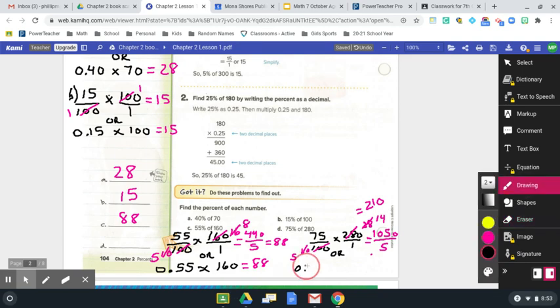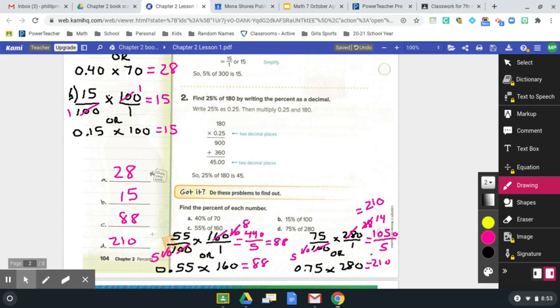Let's try that again, times 280. All right, so this one, like I said, you could use your calculator, you can multiply it right out. And you should also see here that you get an answer of 210. So 75%, 3/4 of 280, of that value is 210.